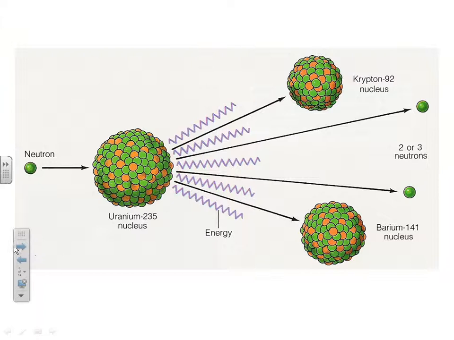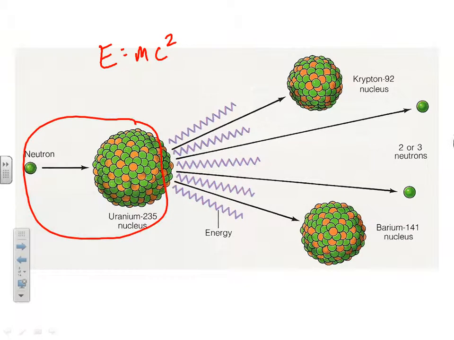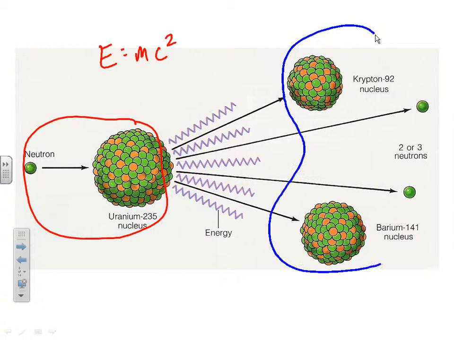Which is great. And like I said, yesterday we went through the whole E equals mc squared thing and how the difference in mass between our reactants and the products is made up in the amount of energy that is released, right? If we look at the difference in mass between here and here, the difference is made up by the amount of energy that comes out.